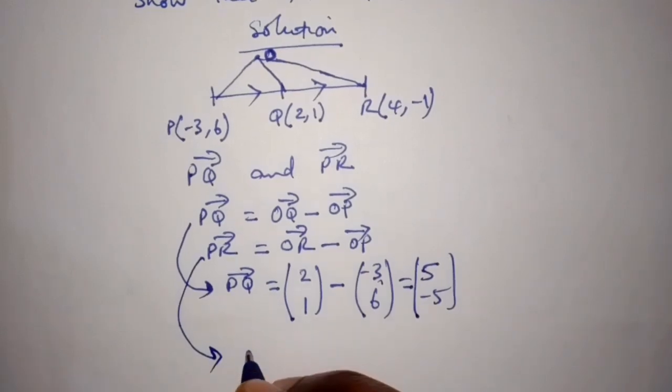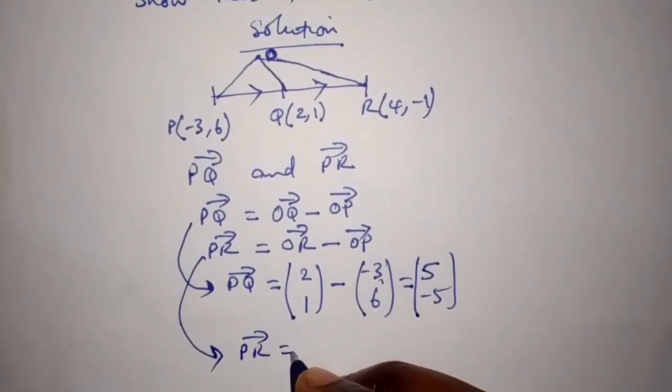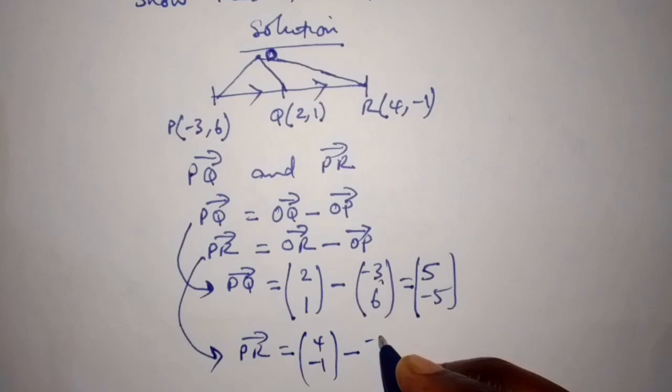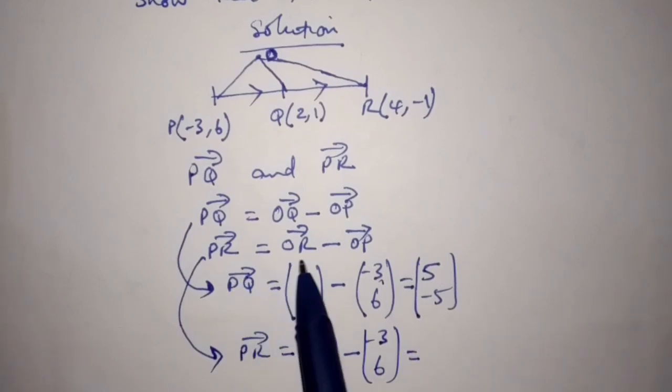Then vector PR is (4, -1) minus (-3, 6).